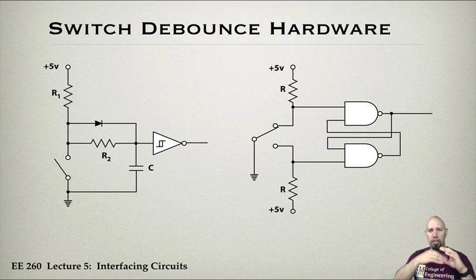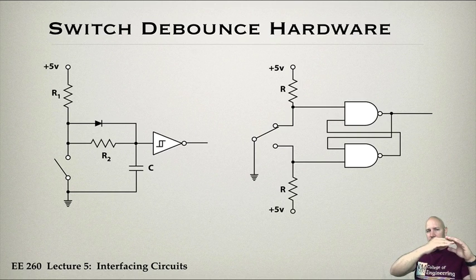Well, in terms of a digital signal, that basically means that, let's say this is the side of the circuit we're attached to, we may be going 5 volts, then less than 5 volts, 5 volts, less than 5 volts, and so forth. And so as it bounces, this signal goes between 5 volts and something else.